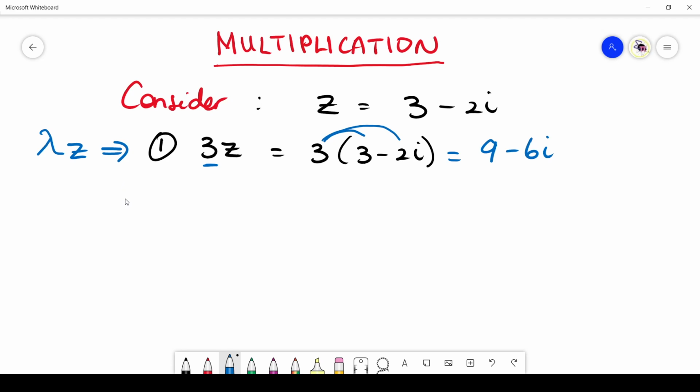Now, the other rule is when you're multiplying two complex numbers. This is the one we want to get into. When you have one complex number that looks like a plus bi multiplied by another complex number of the form c plus di, the reason I have different variables is because I want to differentiate the first complex number from the second one.